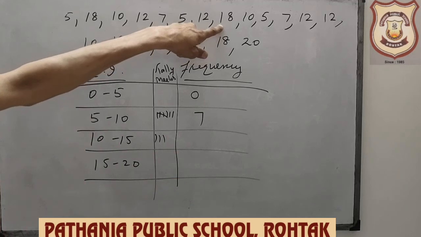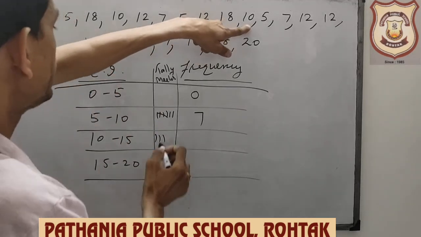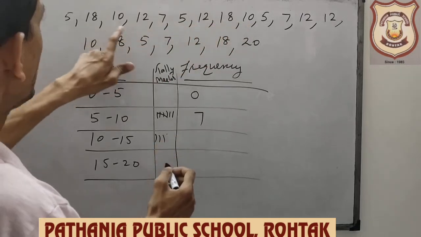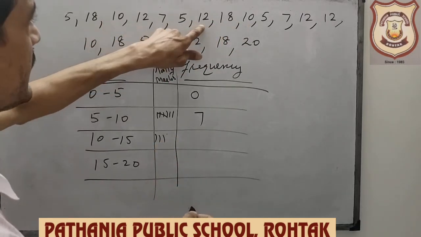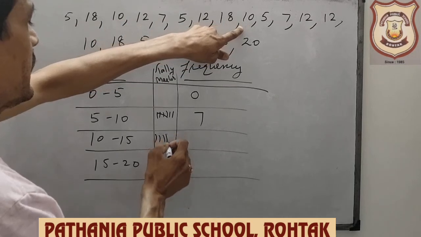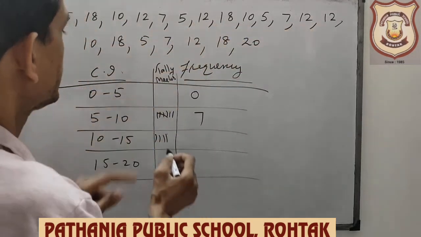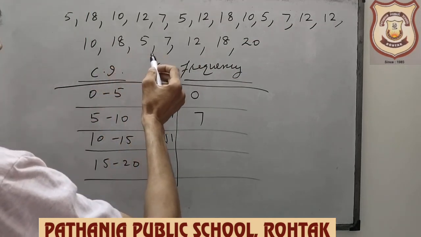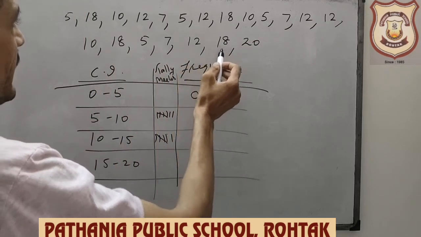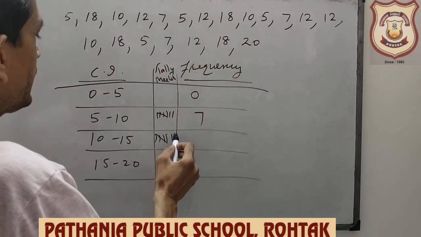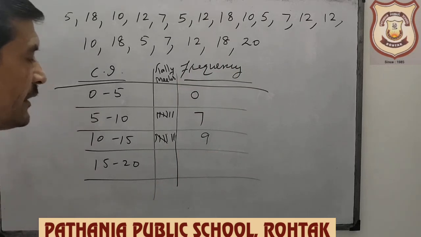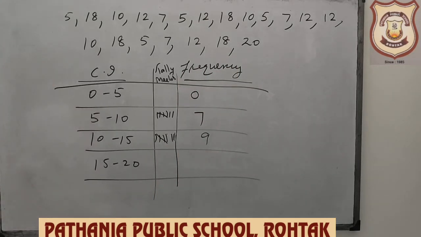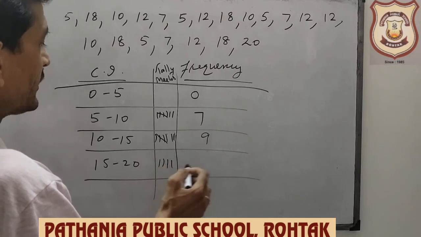It is 18. 5. 1, 2, 3, 4, and then 5, 6, 7, 8, 9. 9 are there. And the remaining students, 4 students remain, because total are 20. So 4 will be in this interval.